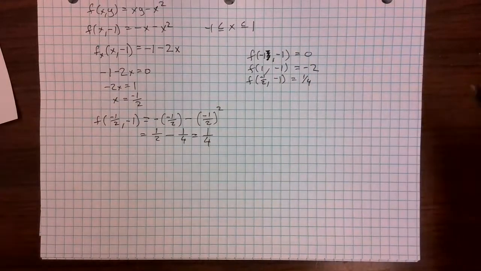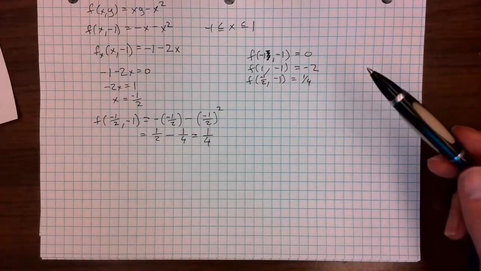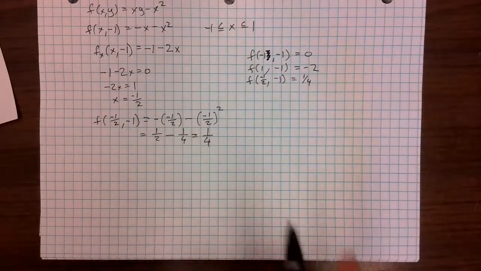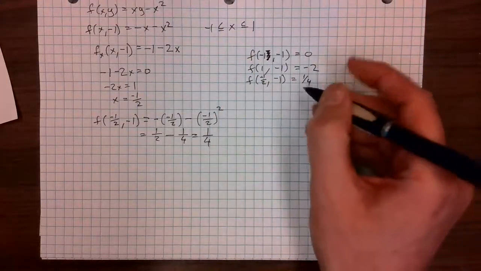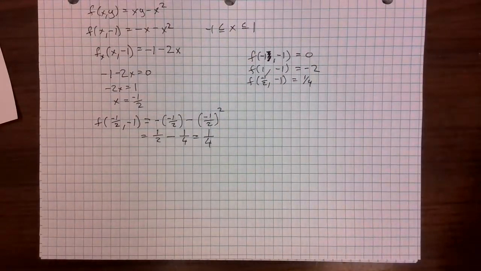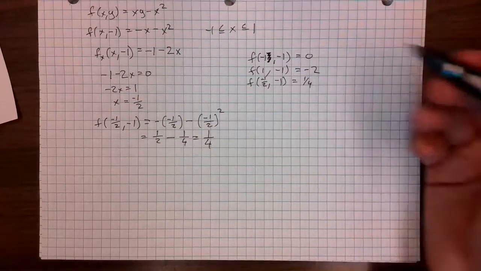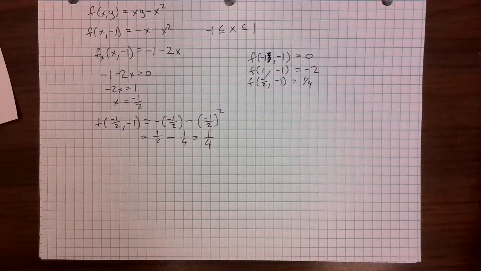Okay, so this guy is not going to be a minimum, but at least on that piece of the boundary it is a maximum, right? And the -2 is the minimum, and 0, well, it's neither a minimum nor a maximum.